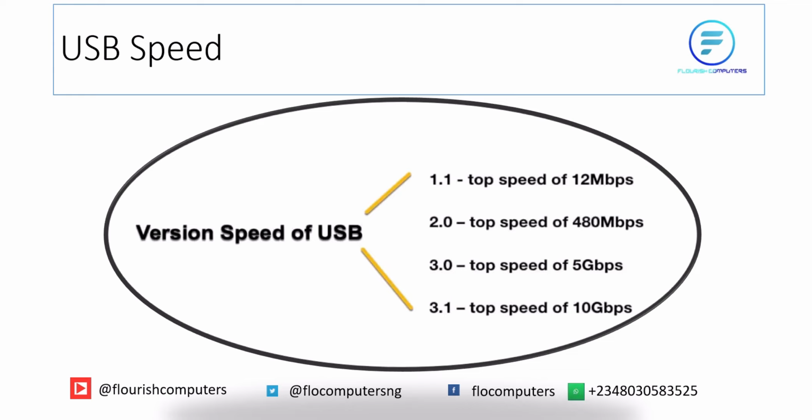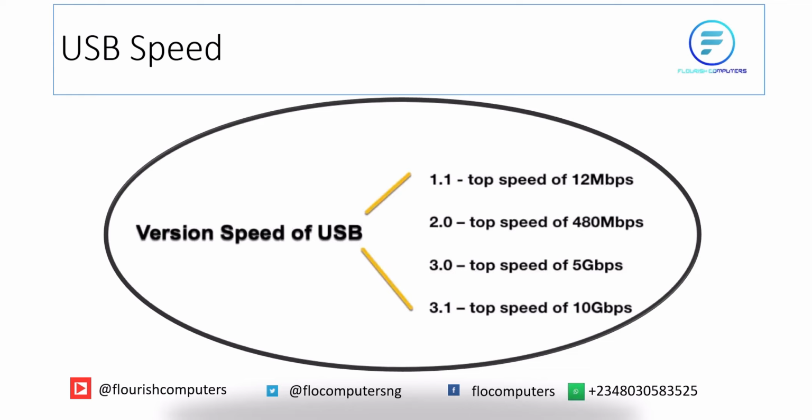It has a speed of 12 megabits per second. You have USB 2.0, top speed of 480 megabits per second. We have USB 3.0, 5 gigabits per second. You have 3.1, which could now work effectively at 10 gigabits per second.